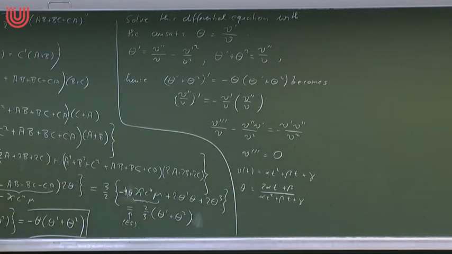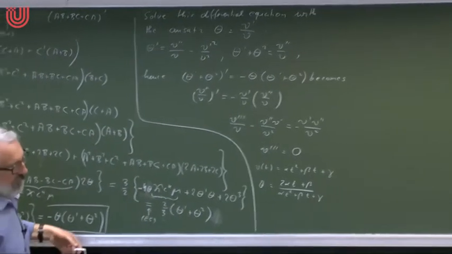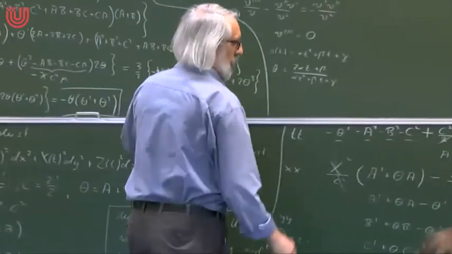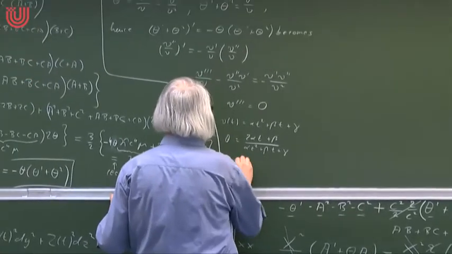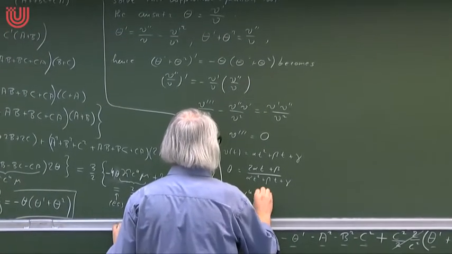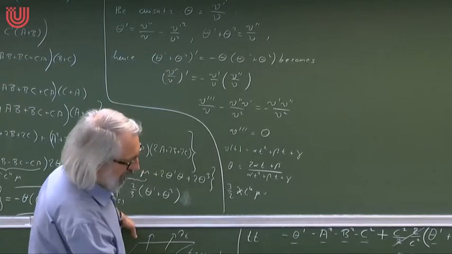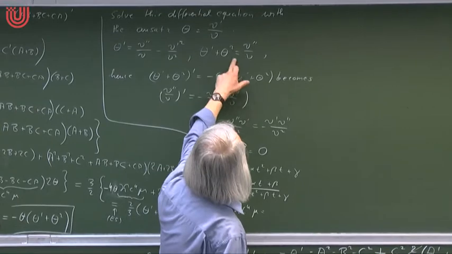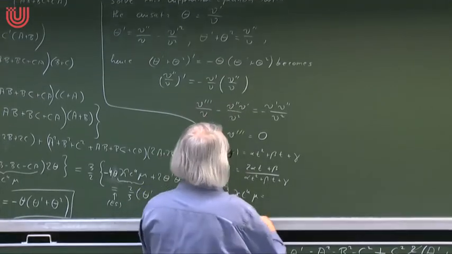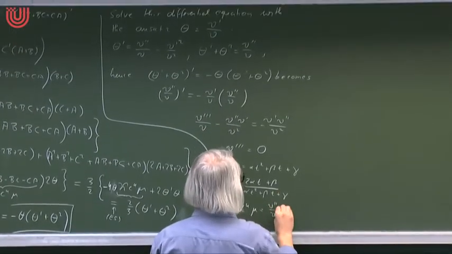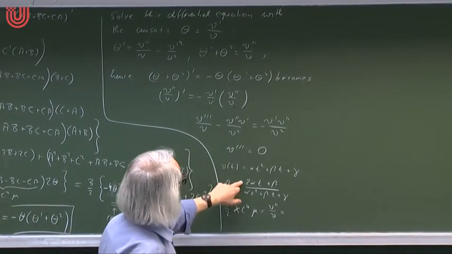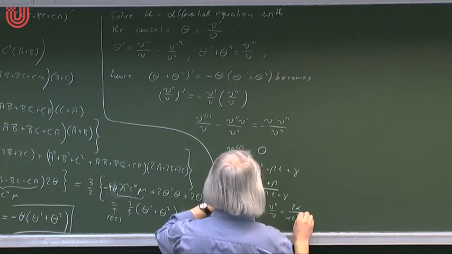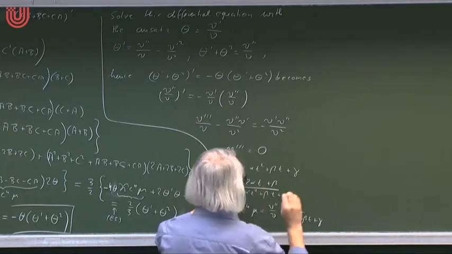And we have also found our mu, because look at the equation E5 down there. E5 says 3/2 kappa c to the 4 mu is theta prime plus theta squared, which is v double prime over v. So this is 2 alpha divided by alpha t squared plus beta t plus gamma.